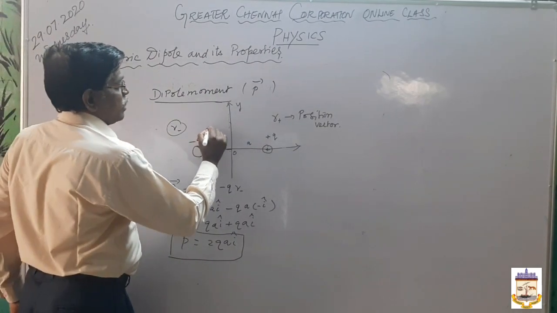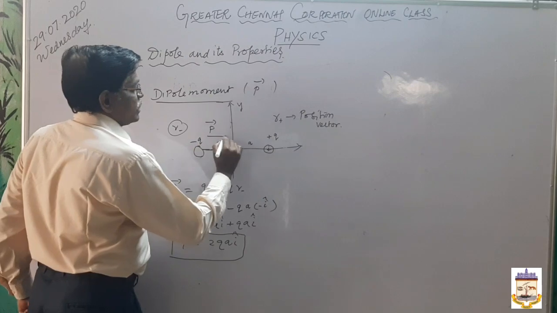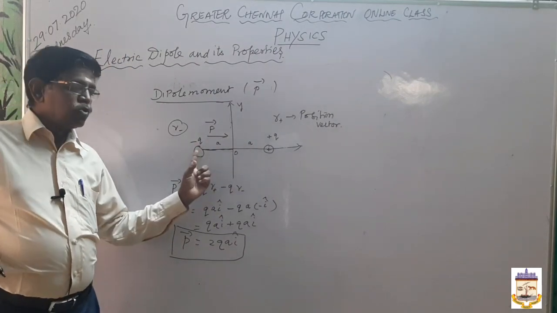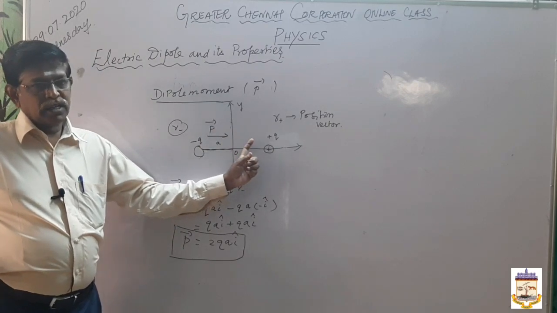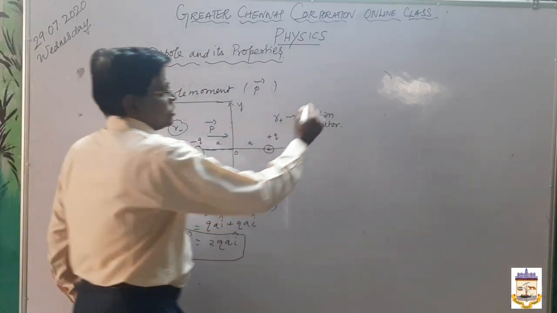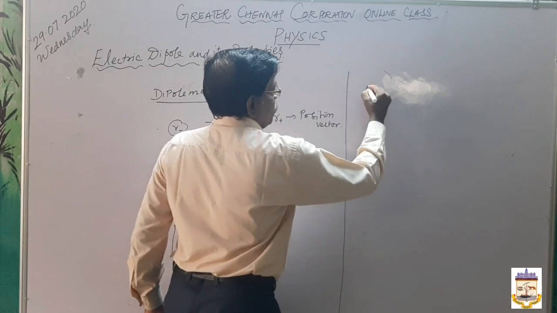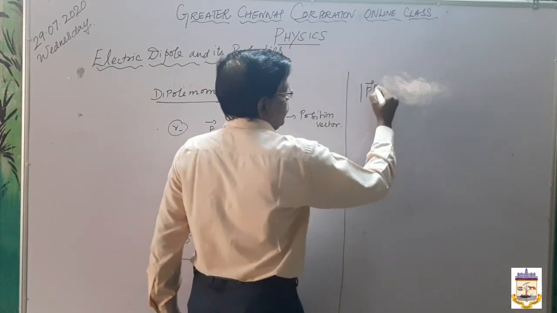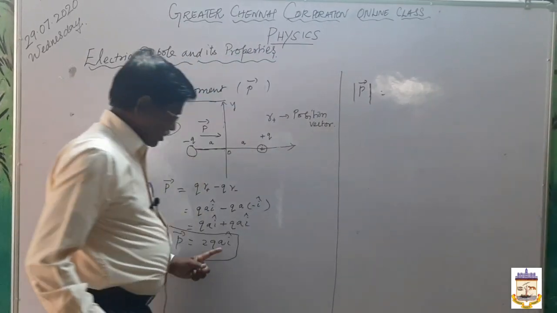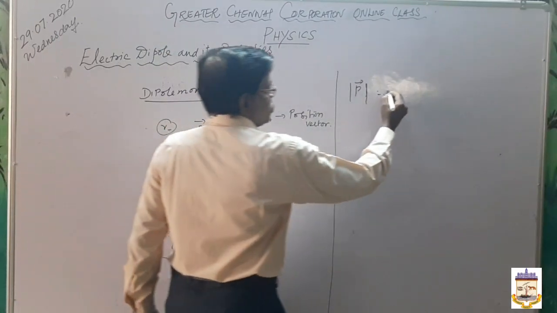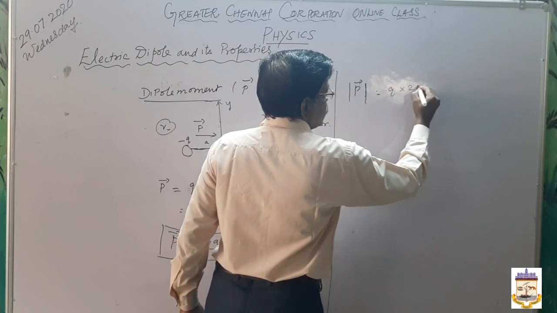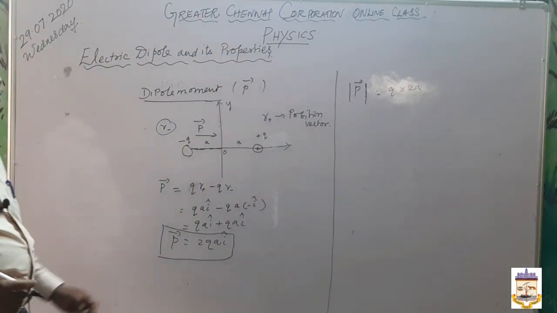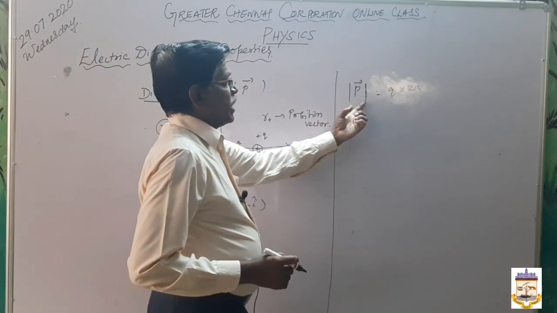That means the dipole moment vector acts from the negative charge to the positive charge. Omitting the direction, the magnitude is q into 2a, or 2qa, whatever it may be.